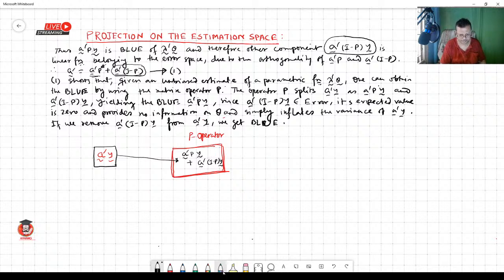And after that, from this machine we get this, which is an unbiased estimator, not only unbiased, but minimum variance. So this gives the best linear unbiased estimator of λ'θ, and this residual part we throw away.